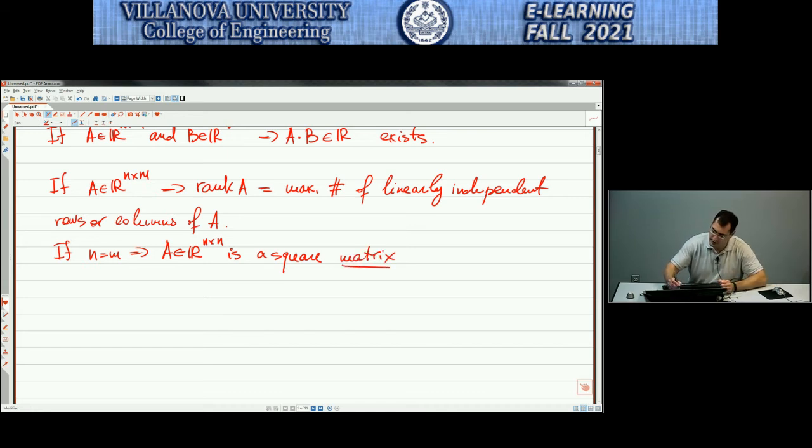For a square matrix, we can define the so-called inverse. So A inverse, if it exists, it may not exist, but if it exists, is another n by n matrix such that its product with A gives you the identity matrix.